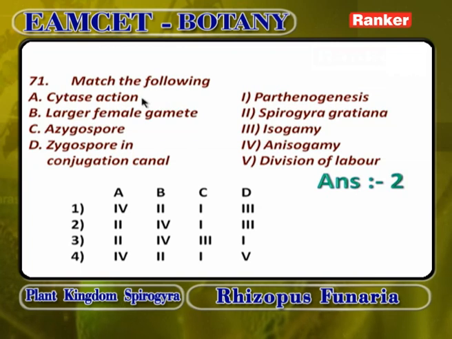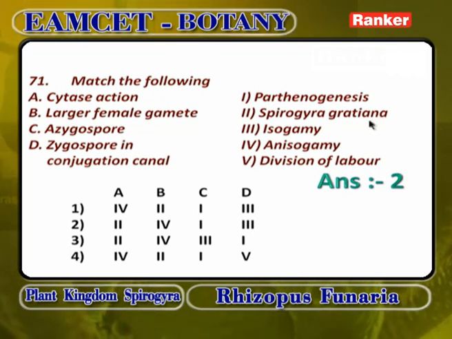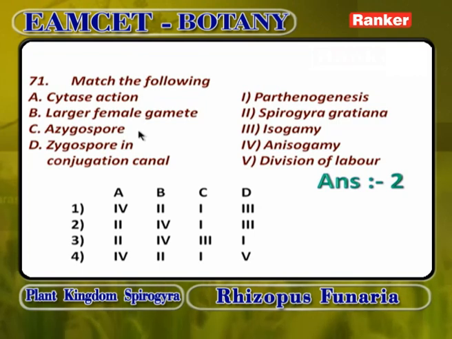Match the following: cytase action, larger female gamete, azygospore, zygospore in conjugation canal; parthenogenesis, Spirogyra graciana, isogamy, anisogamy, division of labor. Cytase action: Spirogyra graciana, because it shows both scalariform and lateral conjugation. Larger female gamete: anisogamy. Azygospore is parthenogenesis.